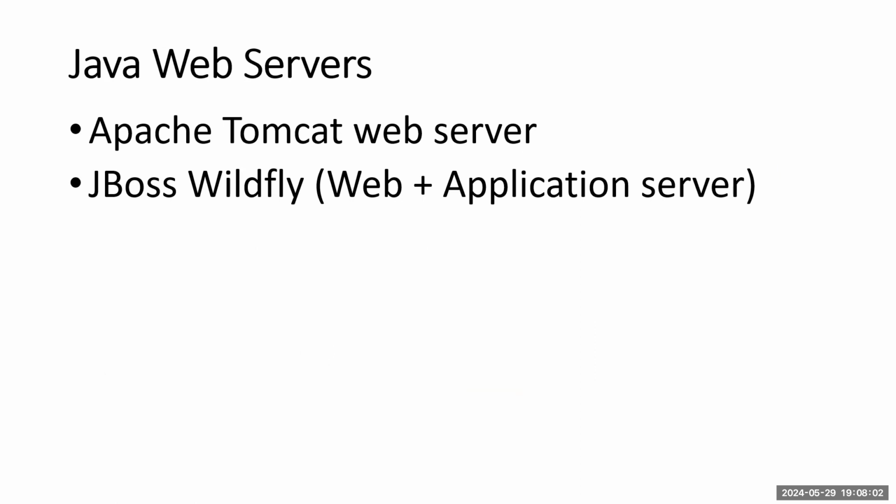Right. So when it comes to Java as a server-side component, we call those technologies JSP and servlet. If you want to use JSP and servlet, you need to have a Java web server. Either you can have a web server or an application server, because application servers always support web technologies and EJBs.